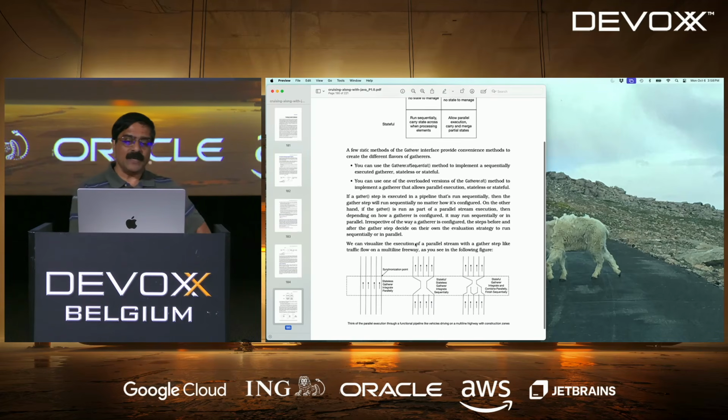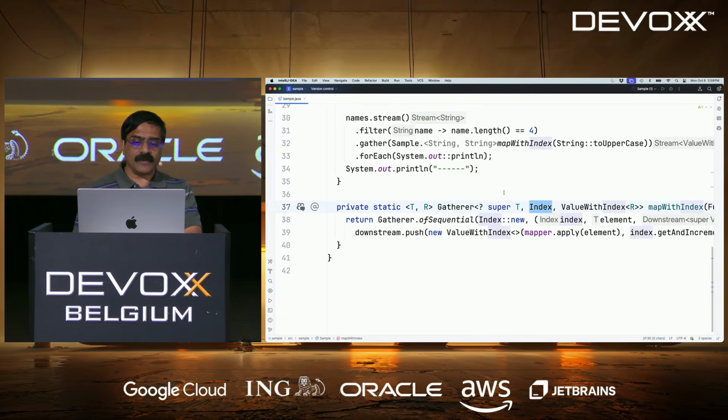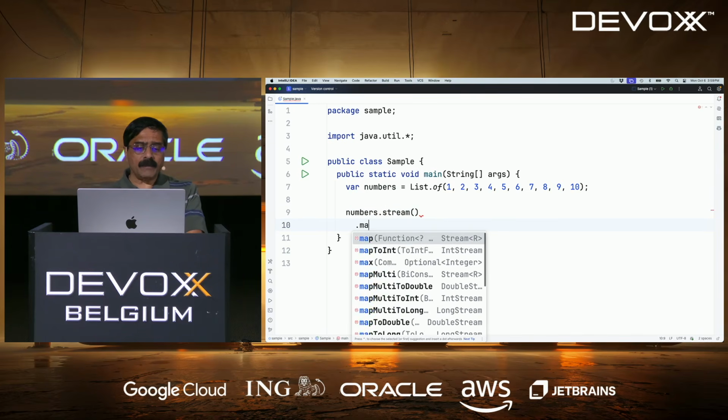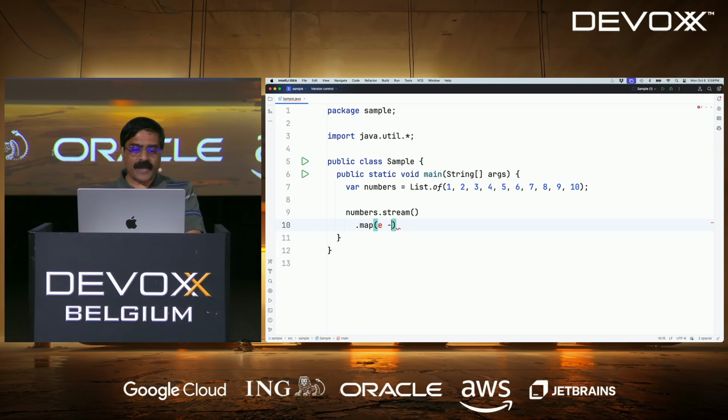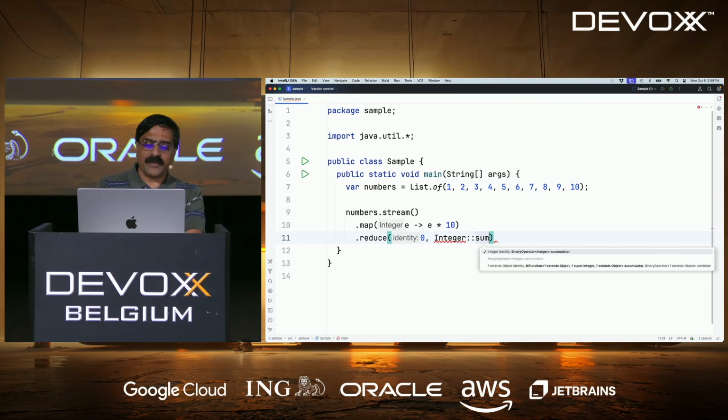You say, all right, what if I really want to implement all the way parallel? Let's talk a few minutes about full parallel. Before we talk about the full parallel, let's understand something else that we are probably familiar with and understand how that actually works. So when you say numbers.stream.map, and just to entertain this thought, element times 10, let's go ahead and say dot reduce, and we say 0, comma, Integer sum.